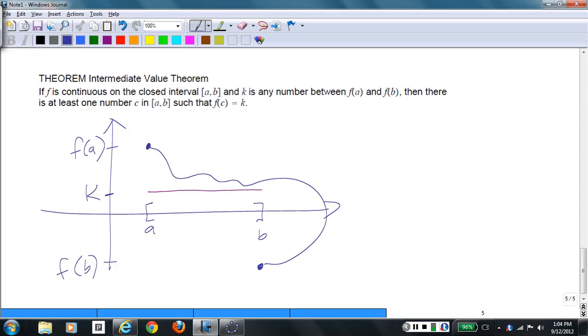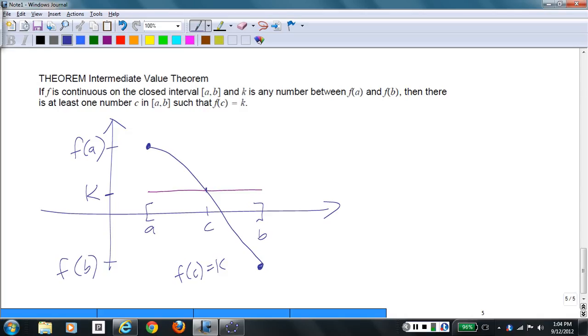That's not allowed, of course. At some point, we've got to cross that line, and right there, that's the c, where f(c) equals k. It's what we call an existence theorem. It tells us that c exists.